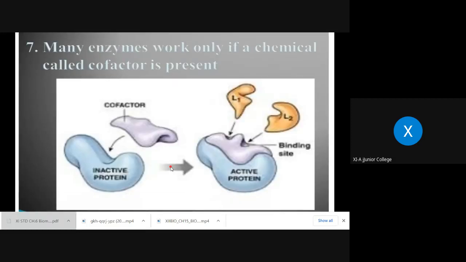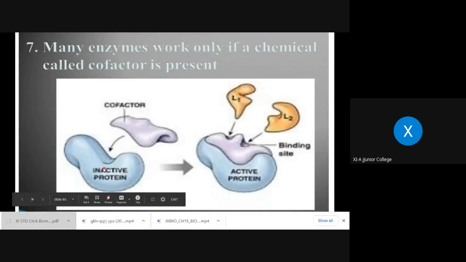Now, many enzymes work only if a chemical called a cofactor is present. We have already discussed this part, how it plays its role: it is loosely attached. It might be a metal or non-metal part, but it is an inorganic substance loosely attached to the protein.